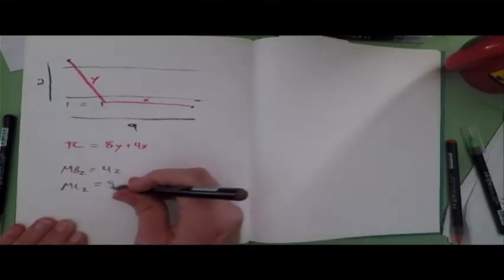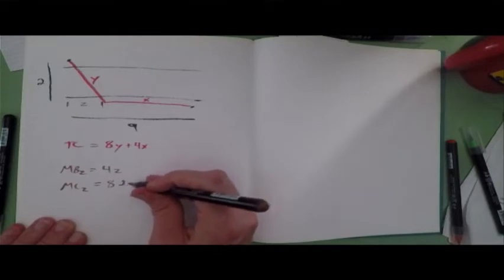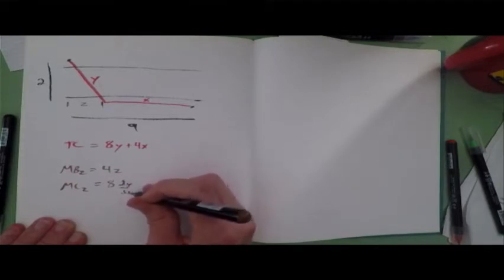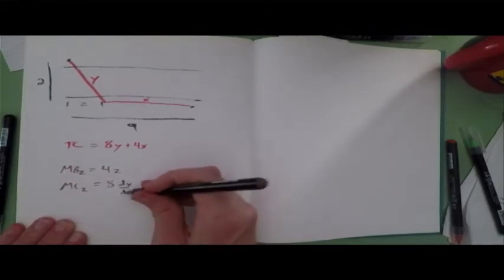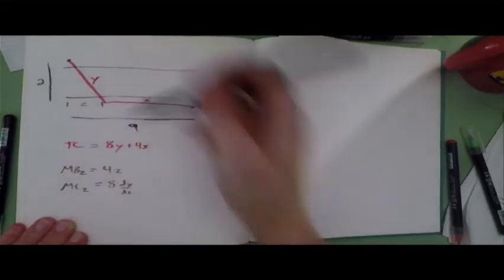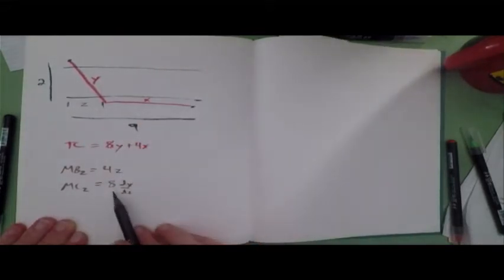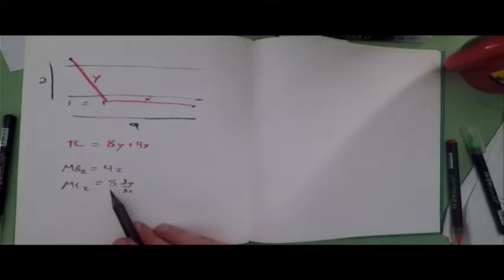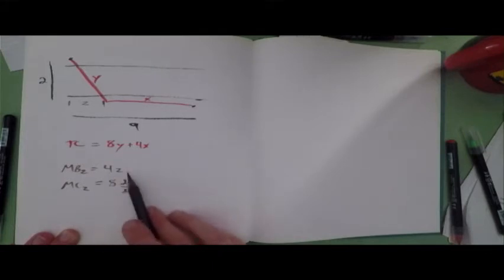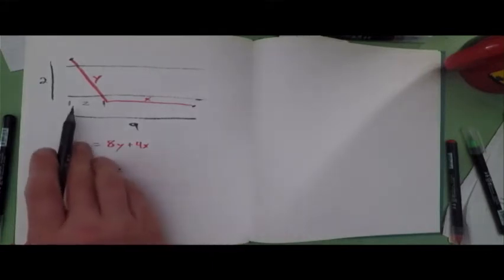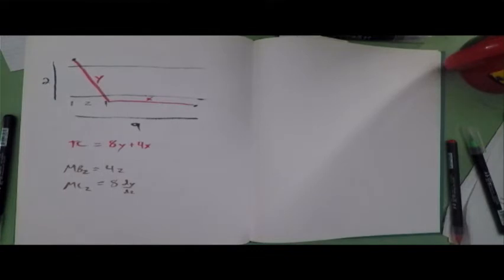So it'll be 8 times dy dz. As we increase z, we lengthen y. As we lengthen y, we're spending $8 for every unit we add. So when we add 0.24, we're adding less cost than we're adding benefit. So it makes sense for z to at least be bigger than 0.